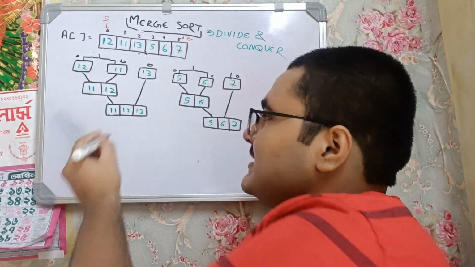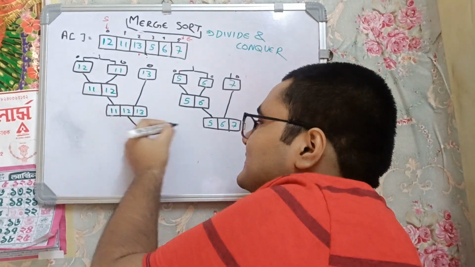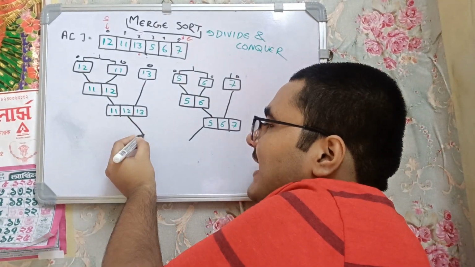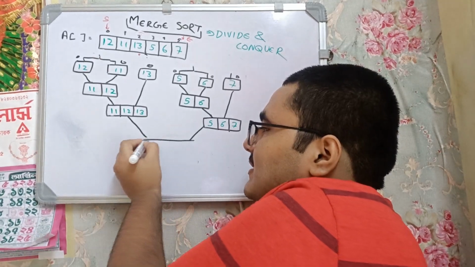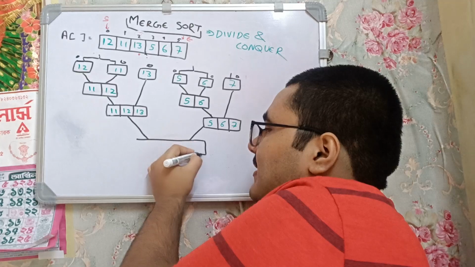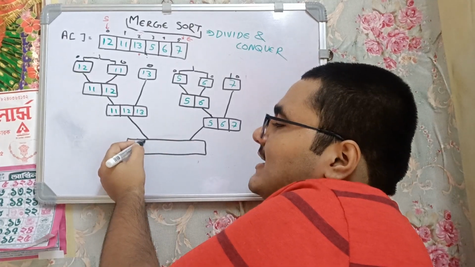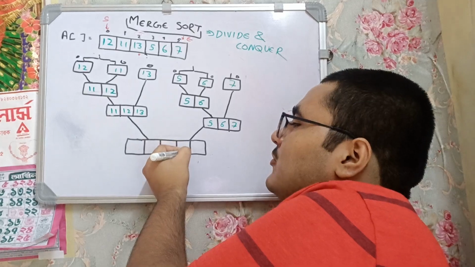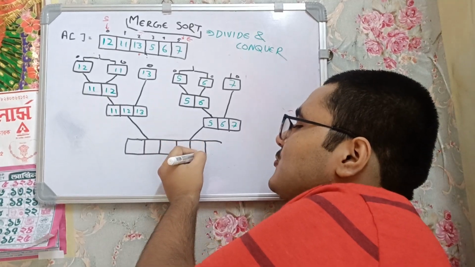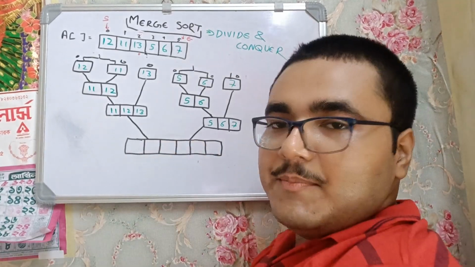So after conquering, this should be our array. That means while merging the array, we need to keep on comparing, and then merge them accordingly.